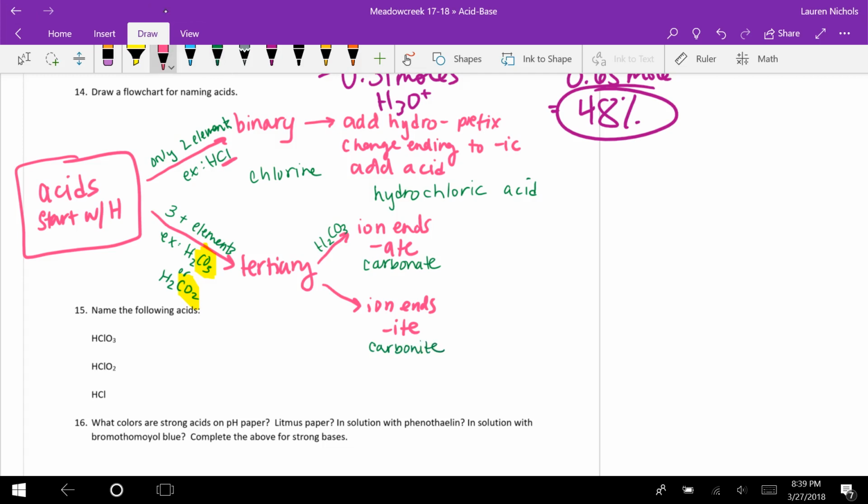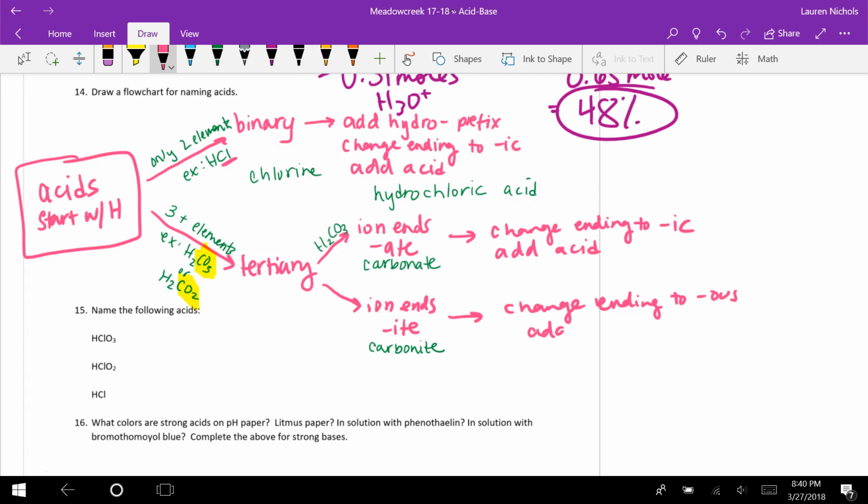And so what you're going to do, if it ends in ate, you'll change the ending to ic and then add the word acid. And if it ends in ite, you change the ending to ous and you add acid.